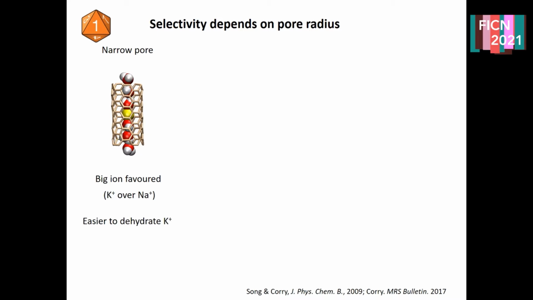And I should say I'm using this comparison of potassium versus sodium a lot today, although a lot of these principles would apply to any ion pair you choose. Now, the reason for this is that the pore is narrow enough that both ion types have to dehydrate, and it's easier to dehydrate potassium than sodium. So provided the bare ion can fit in, this small pore is going to favor the bigger ion.